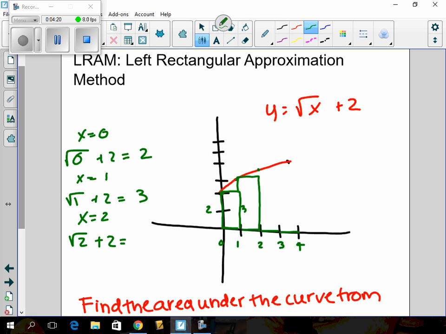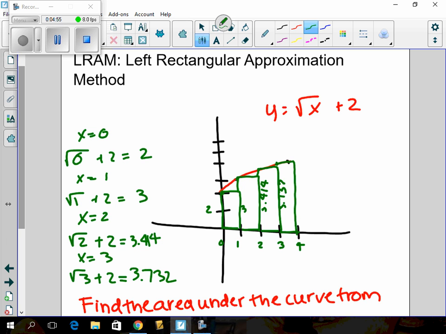And that is approximately 3.414. And so my third rectangle has a height of 3.414. And my last rectangle, I'm going to be going from x equals 3. So the square root of 3 plus 2, and that's about 3.732.